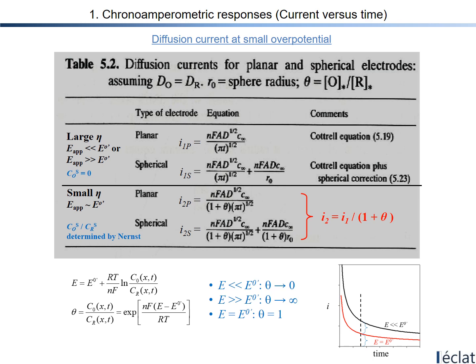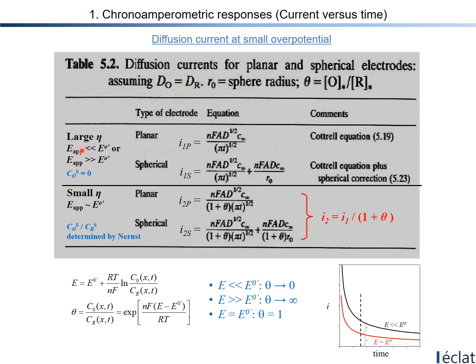So in this slide, I'd like to extend the equation for the large overpotential into an equation for the small overpotential. Here are two groups of equations, and the first group includes the equations we have just derived. This one is the Cottrell equation, which is obtained for the planar macroelectrode when you have applied a very large overpotential to your system.